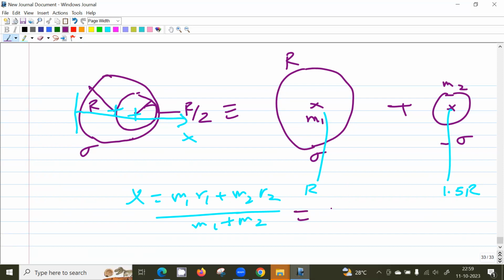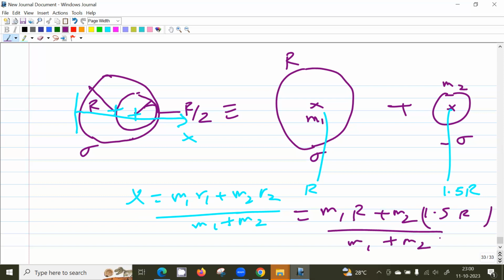So M1 R1 is capital R plus M2 1.5 R divided by M1 plus M2. And M1 is sigma into pi R square. And M2 is a negative mass, it's minus sigma into pi (R by 2) square.